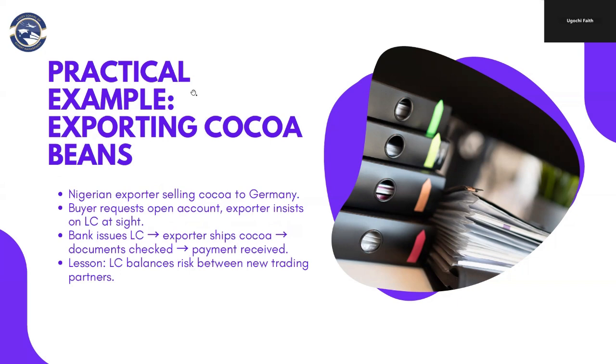So we have a practical example, exporting cocoa beans. Nigerian exporters are selling cocoa to Germany. The buyer requests open account, but the exporter insists on LC at sight. Now, let me just say this. Currently, cocoa beans are a lot, so you can be selling a ton at, let's say, $20,000 or more.